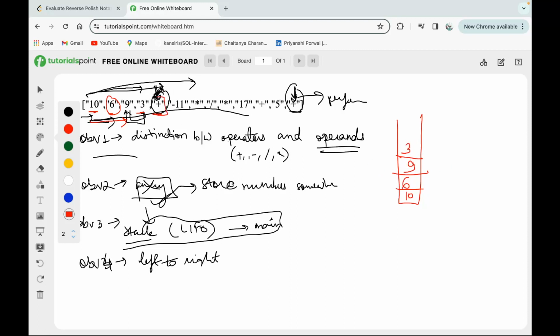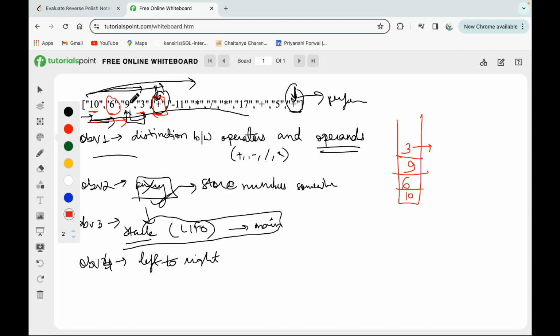Now, as soon as we reach an operator, we have to perform an operation, right? So plus we will not be storing inside the stack because we don't need it on a later stage. Why would we require the operator? Whenever we get an operator, we have our operands and we have to perform the operation. So now is the main logic. As soon as I get this plus, as I know the stack is LIFO order, I can simply get the top elements of the stack, that is 3 and 9, right?